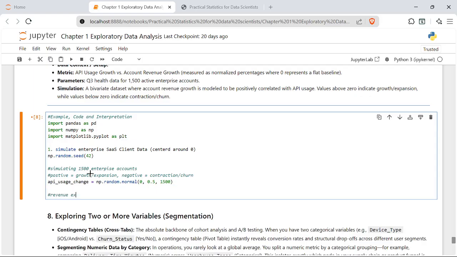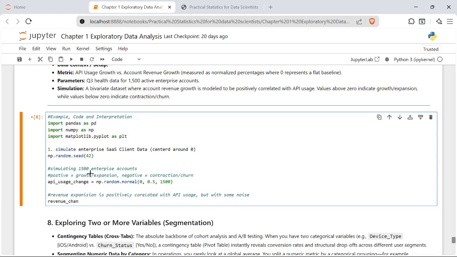Revenue expansion is positively correlated with API usage, but with some noise.